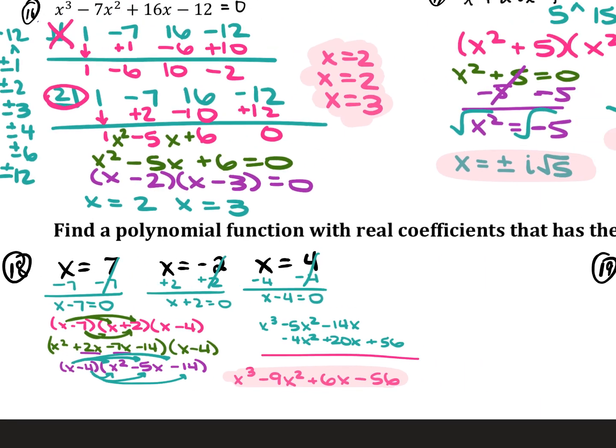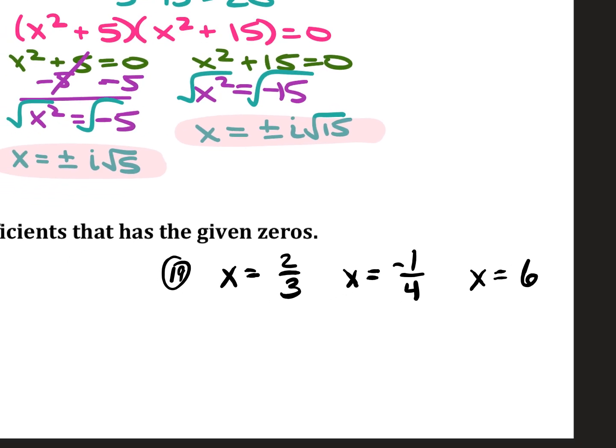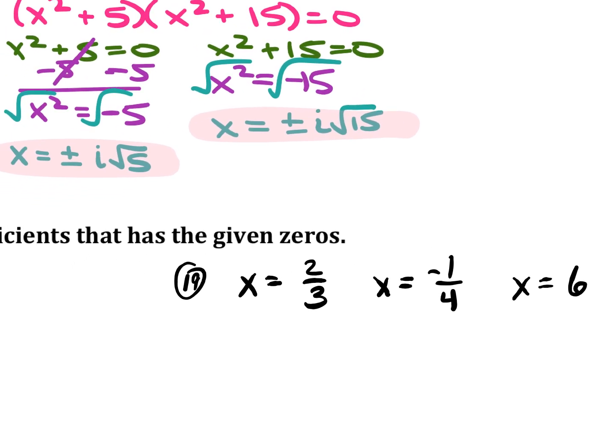For number 19, we have x is equal to 2/3, x is equal to negative 1/4, and x is equal to 6. So this x is equal to 2/3, I'm going to multiply each side by 3. That cancels out the 3 in the denominator, so I have 3x is equal to 2. Then I subtract the 2 from each side, and that gives us 3x minus 2 is equal to 0.